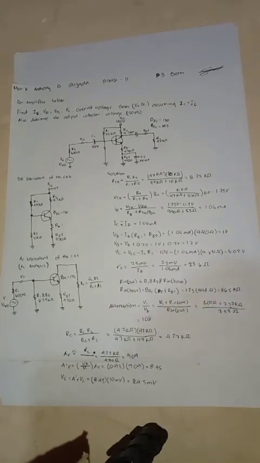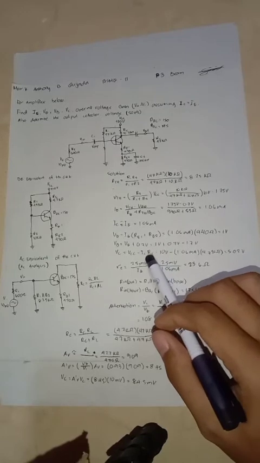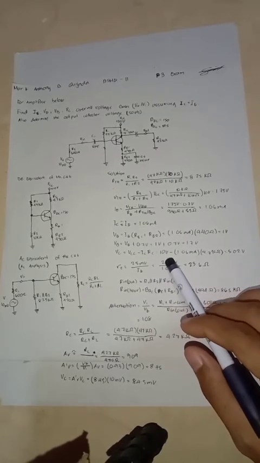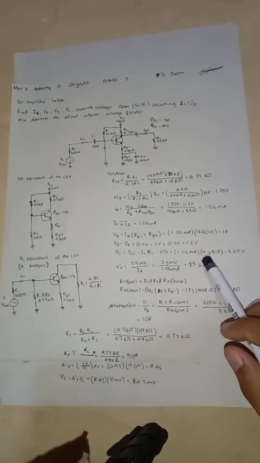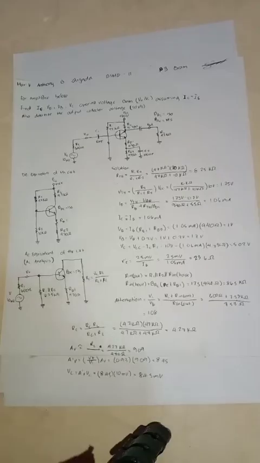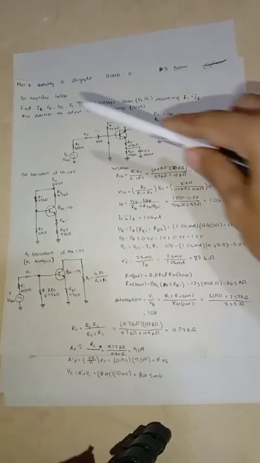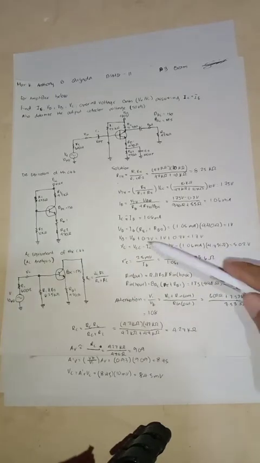For our collector voltage, the formula is VCC minus IC times RC, which is 10 volts minus 1.06 milliampere times 4.7 kilo ohms, equal to 5.02 volts. So we now have the values of our emitter voltage, current, base voltage, and the collector voltage.